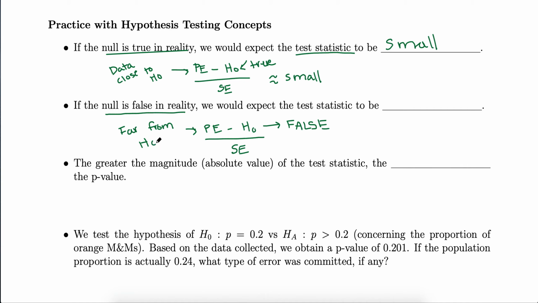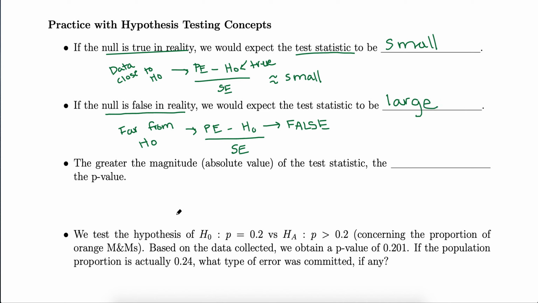And when we look at that discrepancy, when we subtract the two, we're going to get a really big difference. Data is not matching up with the null because the null doesn't represent reality. So we're going to get a large test statistic or a big discrepancy.